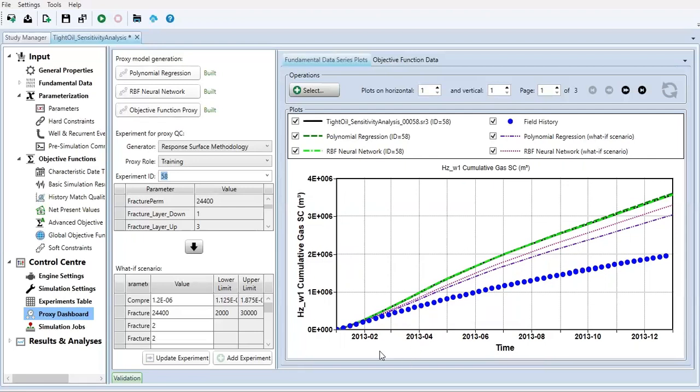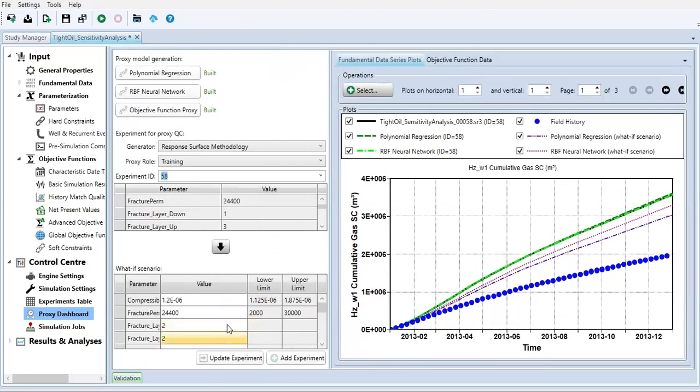Okay. And by the way, for the what if scenario, you can adjust like this one to get, yeah, if you are doing the history matching, you can adjust this one in such a way that you can match the prediction with the history data. Okay. Porosity.